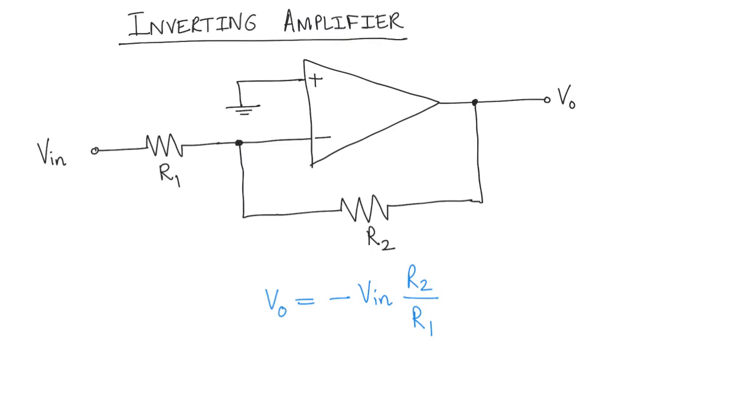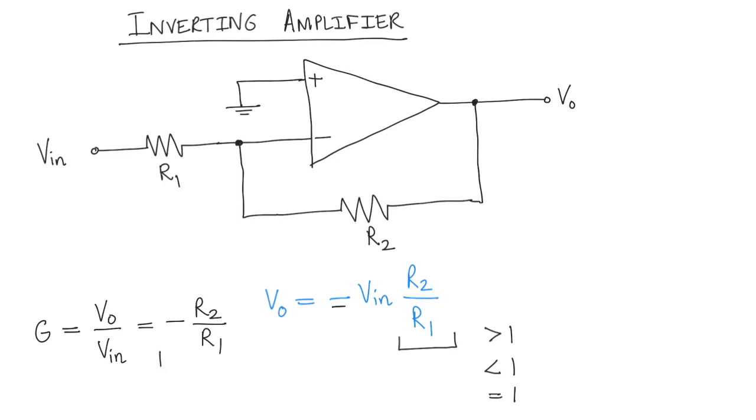Now the amplifier will have different gains depending on what R2 over R1 is, and R2 over R1 could be greater than 1, or it could be less than 1, or of course it can be equal to 1 as well. But there is always going to be a negative sign associated with it. So the gain of the amplifier is written as VO over Vin, and that is minus R2 over R1.